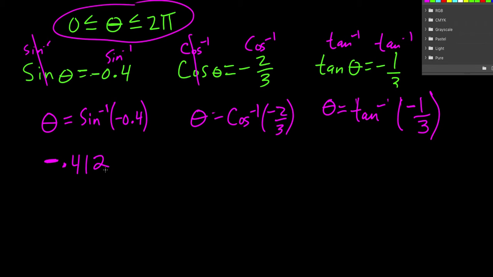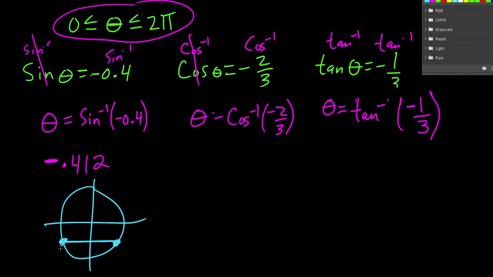Okay, so what does that mean? That's an angle measurement. We had a sine value that was down here somewhere, and we have one rotation, 0 to 2 pi, so we should get two answers out of it. What it's telling us is the rotation from here to here.